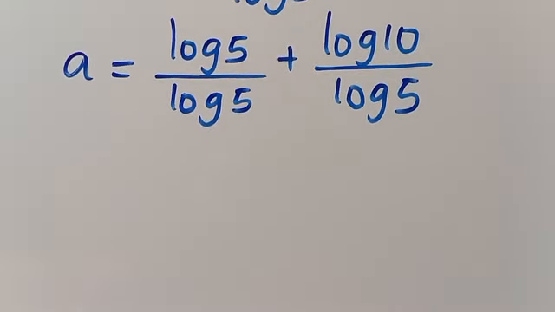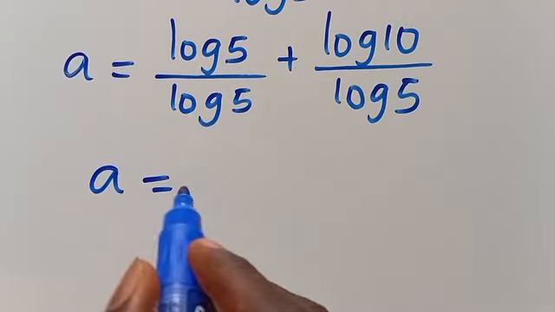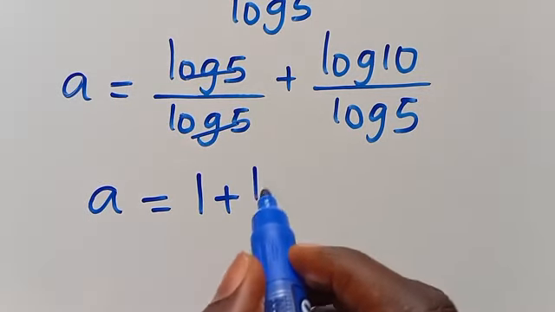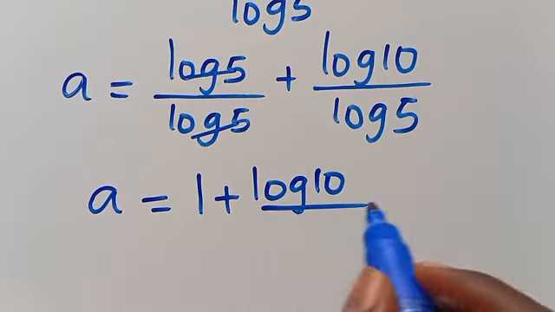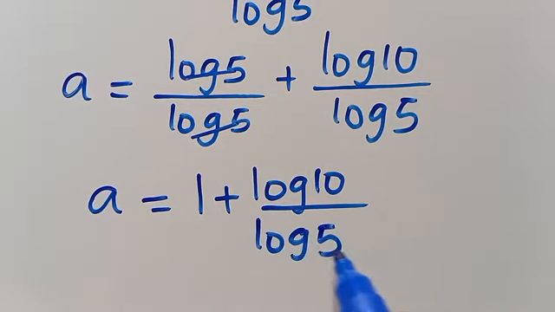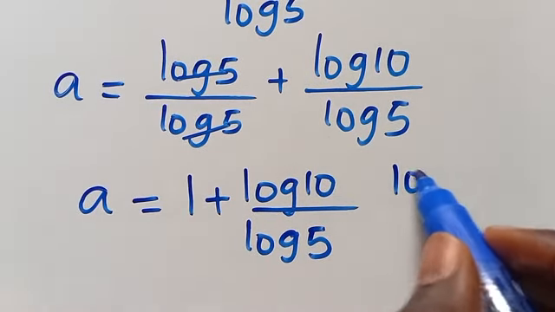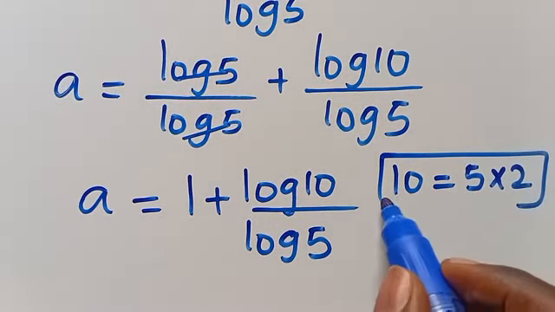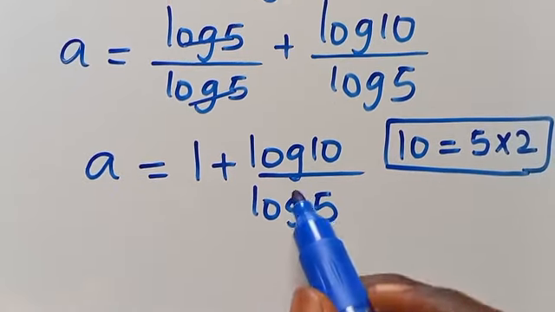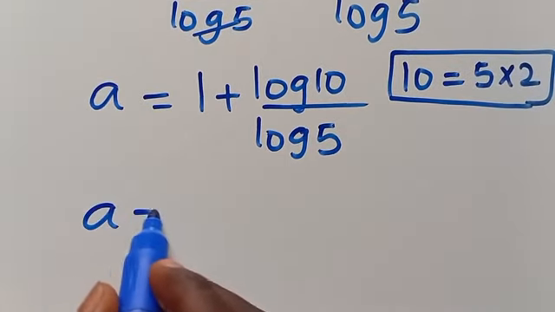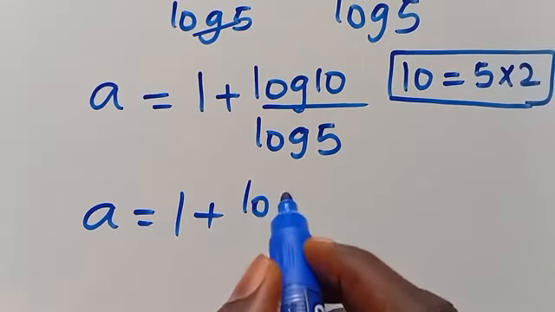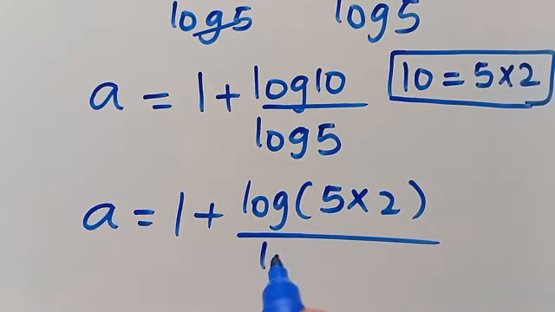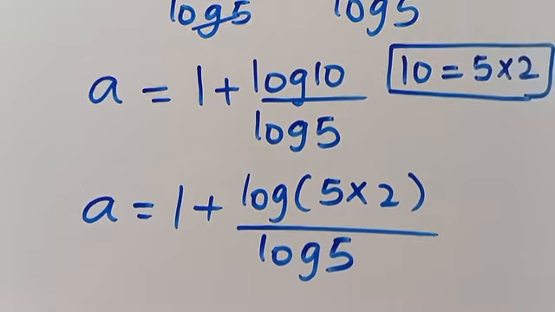So from here, we have a equals log 5 divided by log 5 will be 1, plus log 10 divided by log 5, because we can also have 10 equals 5 times 2. Then when we substitute here, we have a equals 1 plus log, open parenthesis, 5 times 2 divided by log 5.